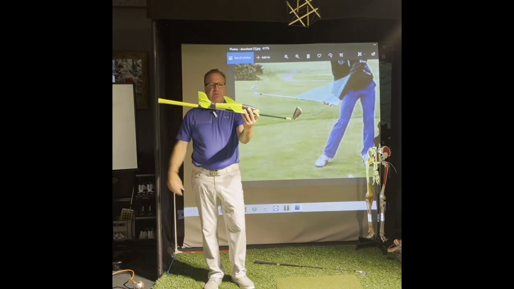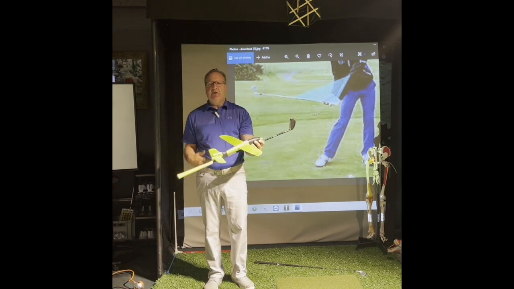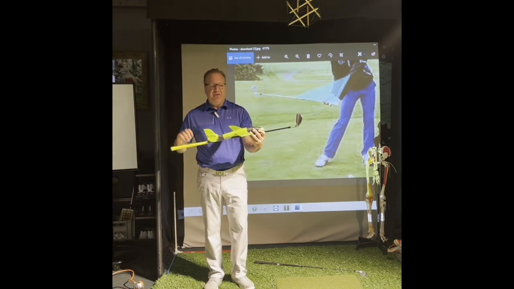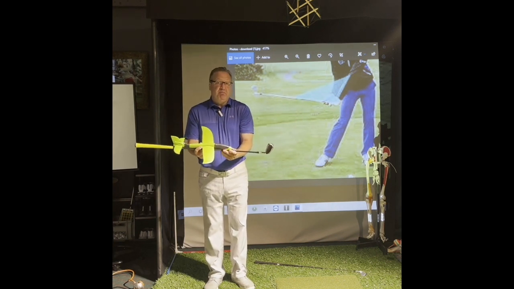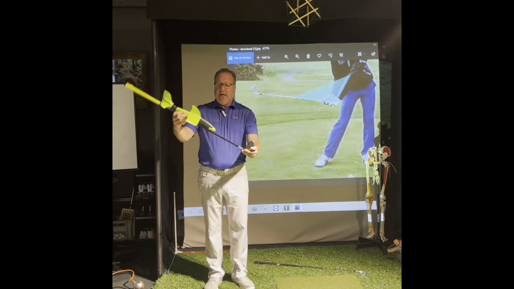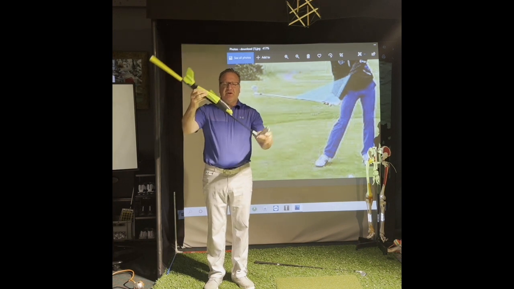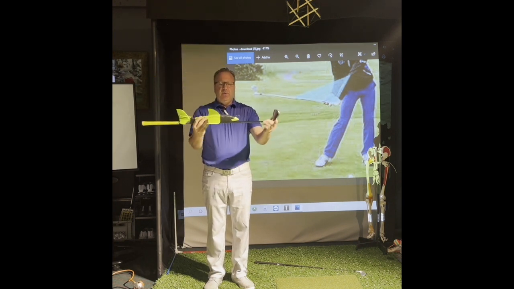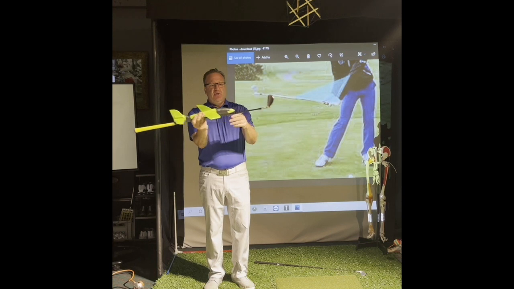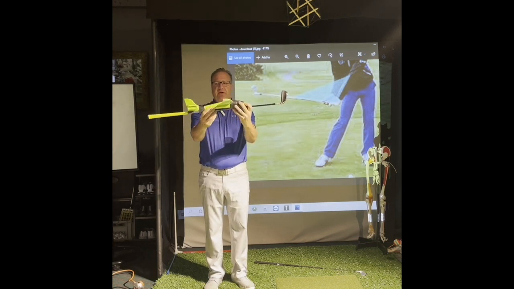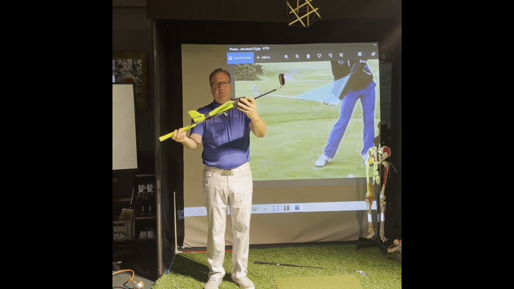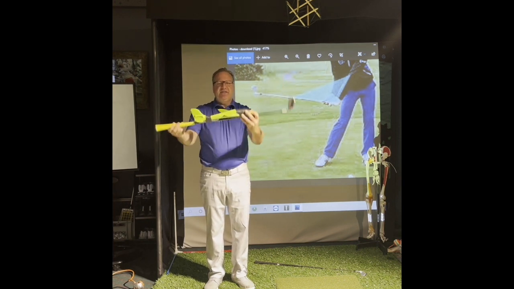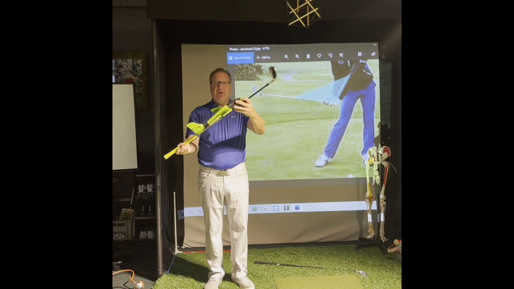So what we like to do is, I'm going to lay this club down. We like to take an airplane and put it on a club because it gives you a much better opportunity to see what we're talking about. The rotation that we're talking about, which we call beta rotation, is the pitching of the club up and down. So if you had an airplane on your club, you can picture it, everybody's on the plane here, and right now it's level, and if we nose the plane up or nose the plane down, that's the actual beta rotation of the club.